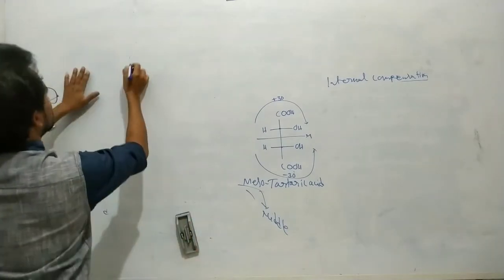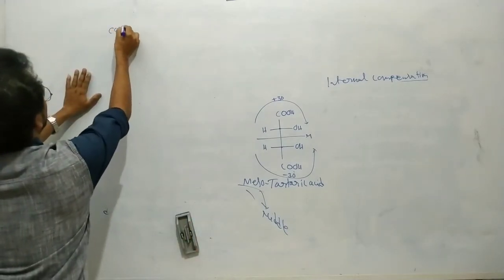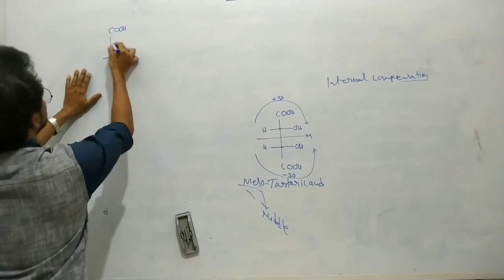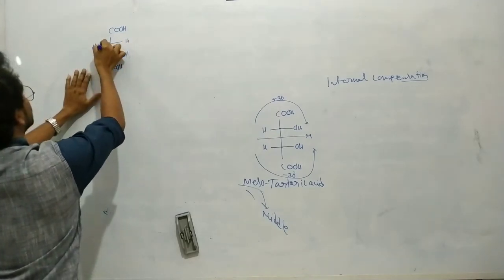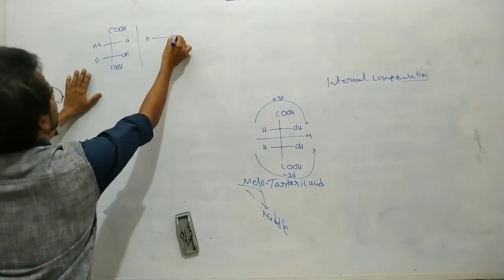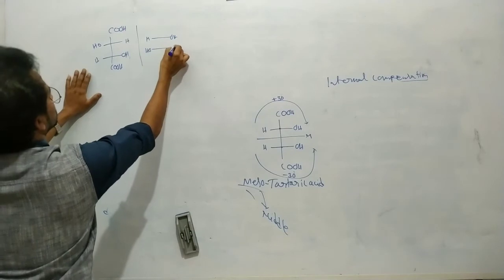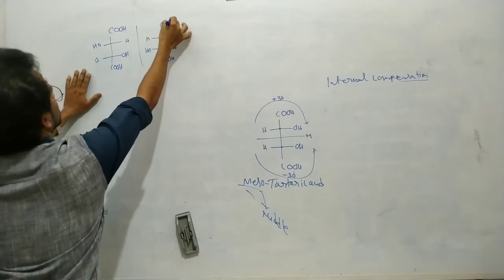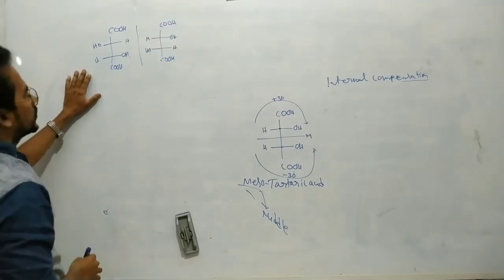Suppose you can see here COOH, here COOH, here OH, here hydrogen. This is OH, hydrogen. Its mirror image has OH, hydrogen, and COOH on both ends.